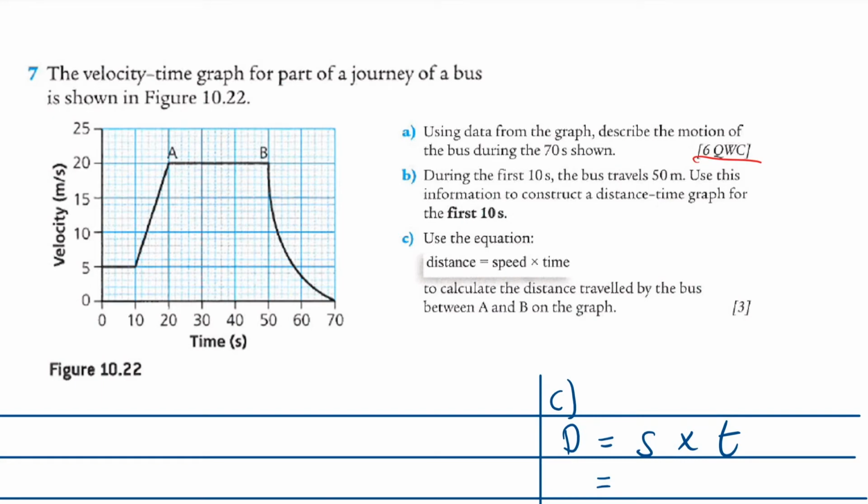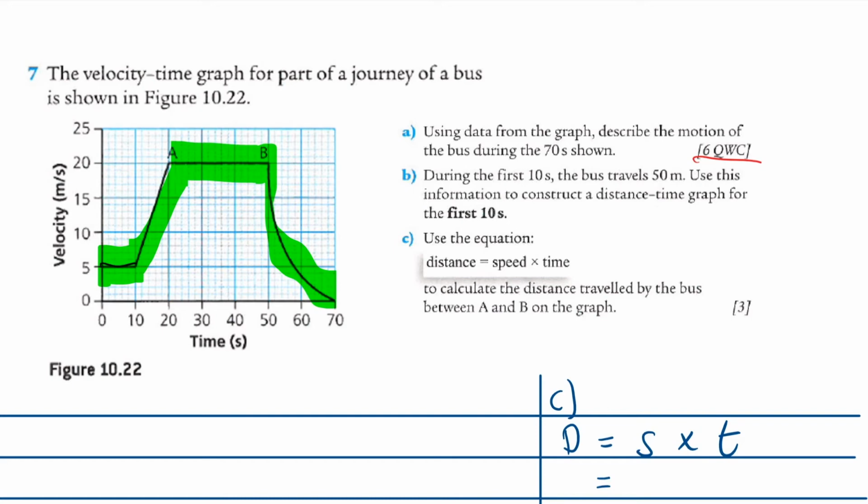It's asking you to describe the motion of the bus during the 70 seconds. So you could break this up into, let's get a highlighter on, 1, 2, 3 and 4 different sections.